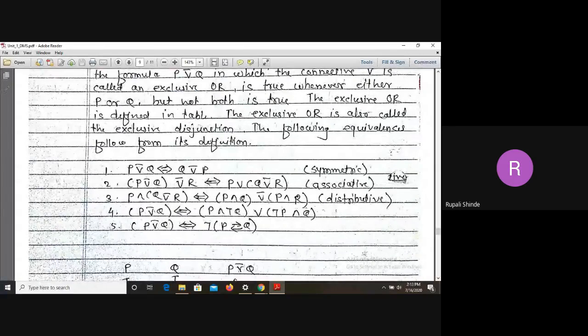Third property is distributive. How can we apply the distributive law? P and in bracket Q XOR R. Here we have to apply this P and over this bracket. That's why P and Q will be one bracket, XOR P and R. So this is the distributive law.